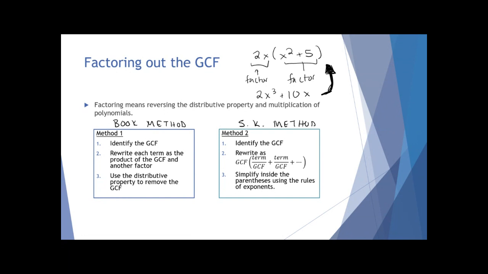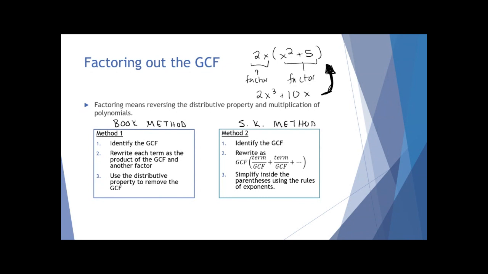I do the division method because I think it's easier for people, because then all you have to do is follow the rules of exponents where you subtract your exponents. If you do the multiplication method, you have to think about what times what gets me what I want, and it's a little harder. I can do it now that I've done math forever, but if you're not that great at math, it's a little harder because it's a little more thinking involved.